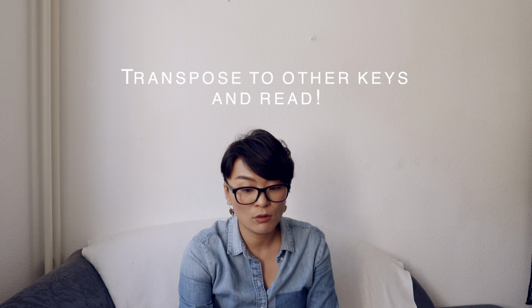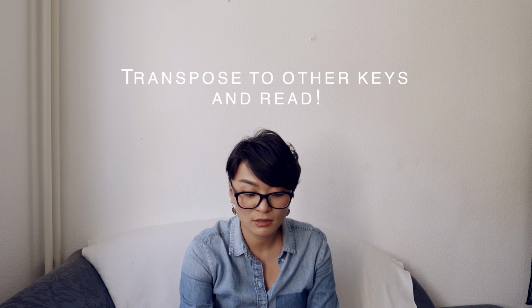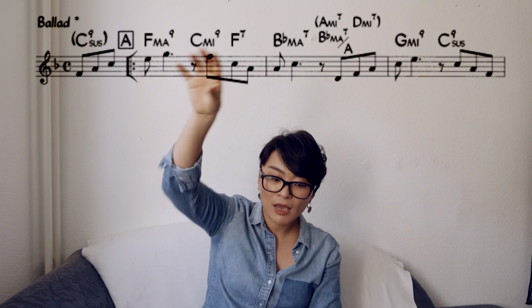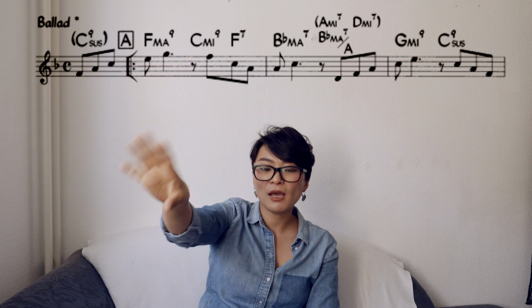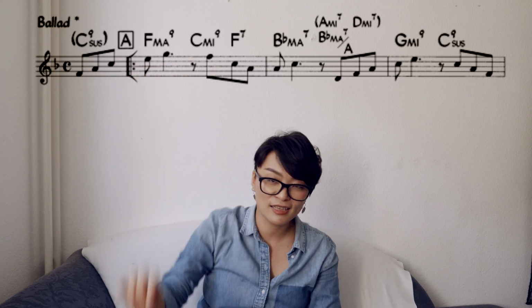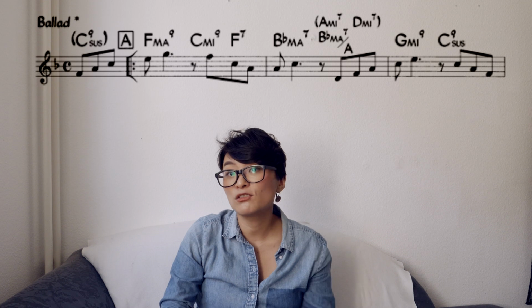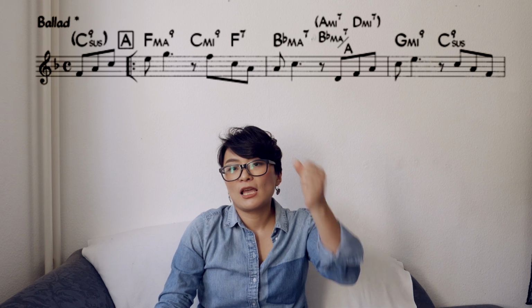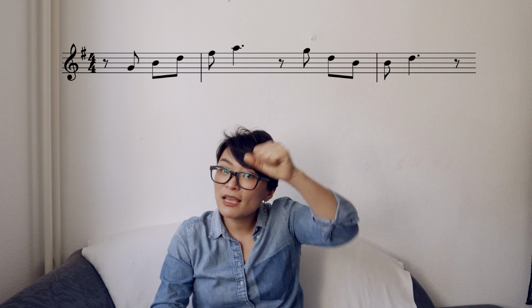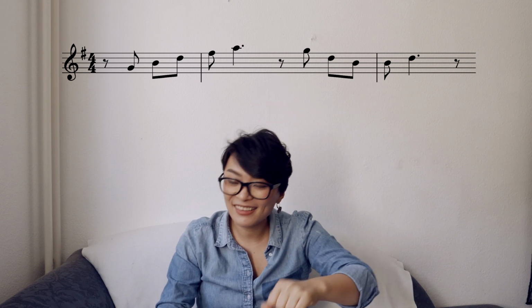Right now this starts with the F note, space, space, space, space, space, and then line, space, space, space, space, like this. Maybe start with a G. Then it starts with the line, line, line, line, line, space, line, line, line, line, like this. So change it to another key and then read it again with singing.